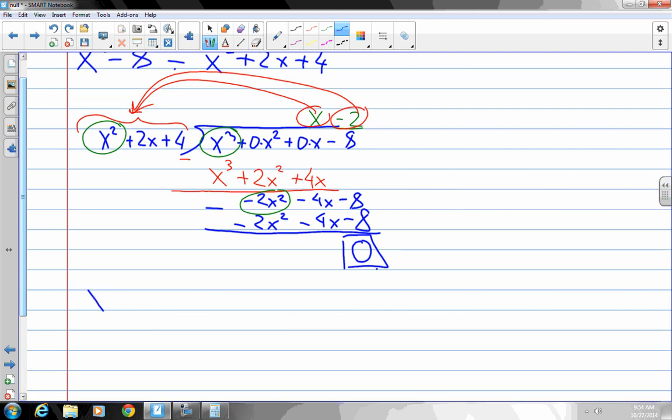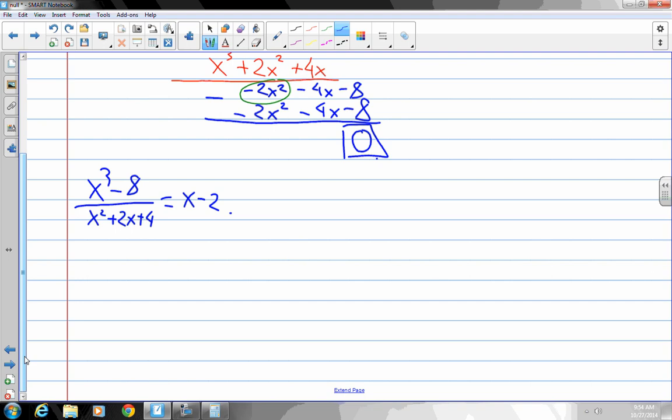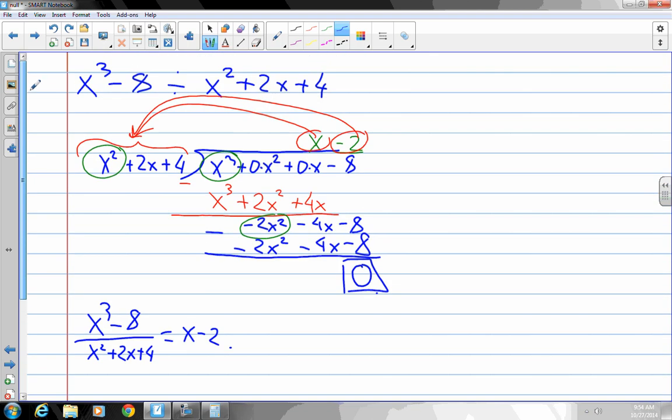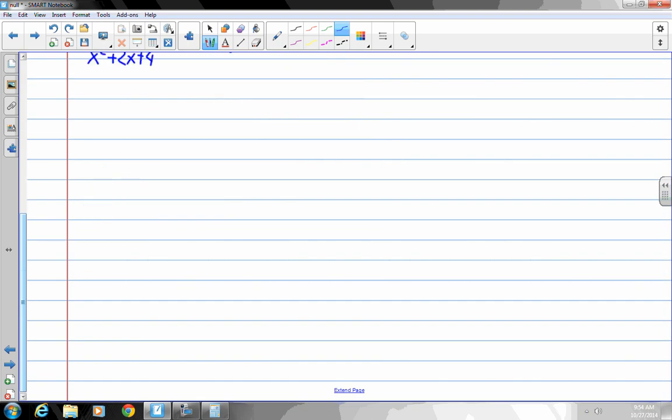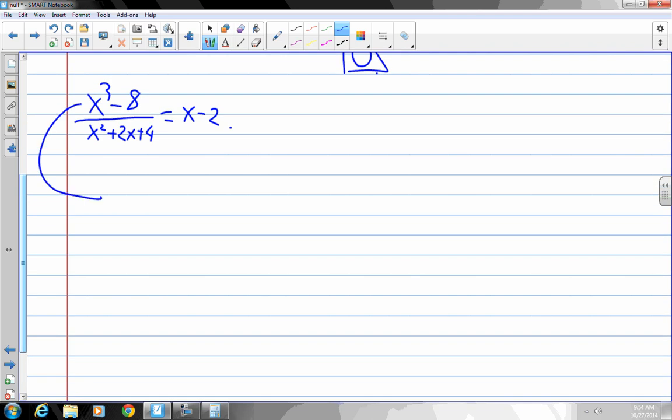But for now, this is one way to express that answer. No remainder. Now, of course, if you noticed that x cubed minus 8 is factorable, we could have avoided all that mess altogether if you recognize that x cubed minus 8 is the difference of cubes.